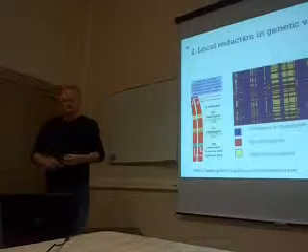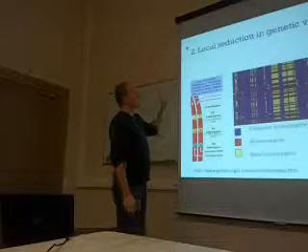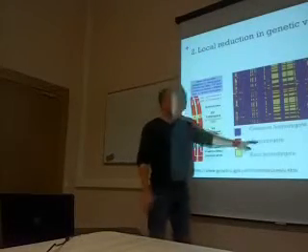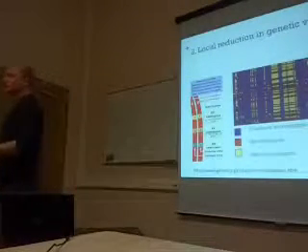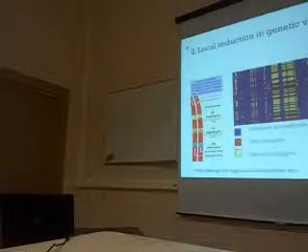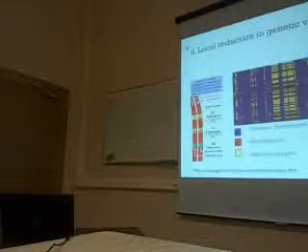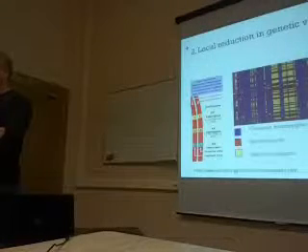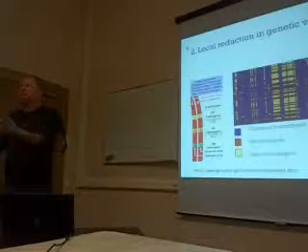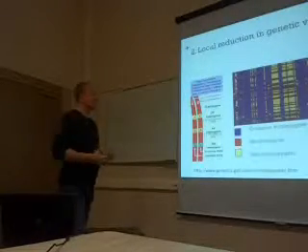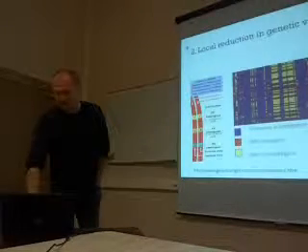So, I should have shown that before. Heterozygosity could be used as a substitute for genetic diversity, just by saying, okay, if you have more heterozygotes, then you should have more diversity. If you have not many heterozygotes, that means everybody is homozygote, so everybody is not different. So heterozygosity is used as a proxy for genetic diversity.